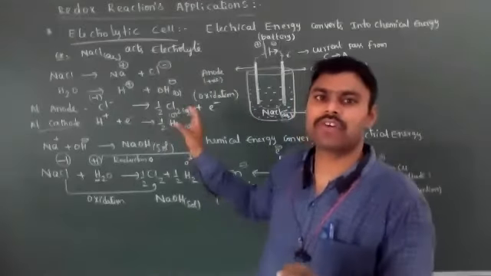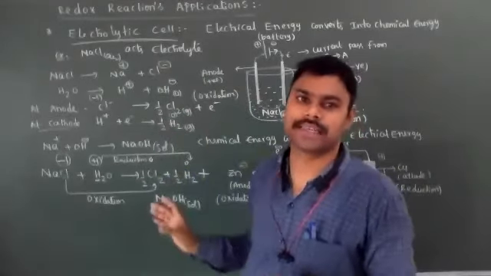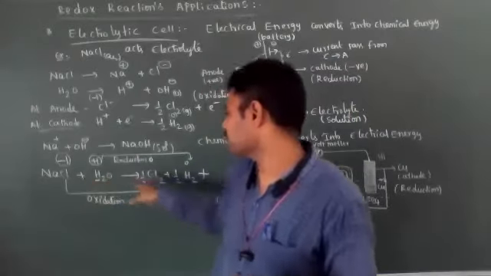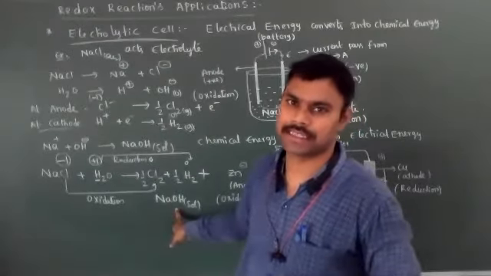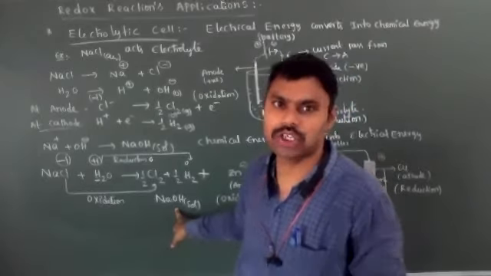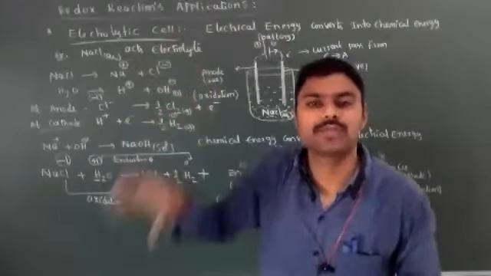Cl- ions are converted into Cl2 gas and H+ ions are converted into H2 gas, and Na+ ions and OH- ions form NaOH, sodium hydroxide solution. So this total process is known as the electrolysis process.